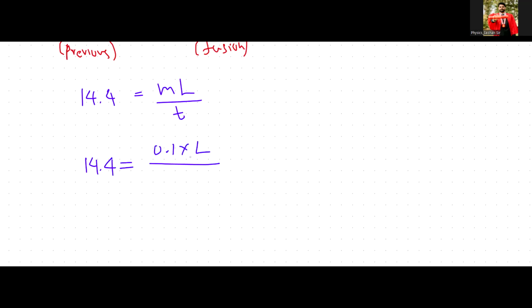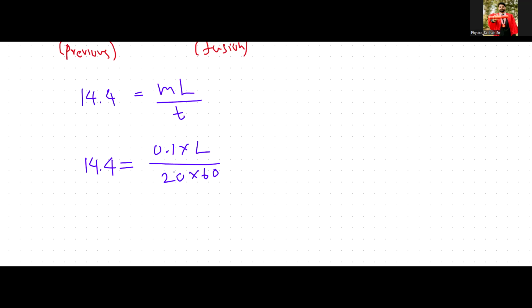The time is 20 minutes. We have to convert it into seconds, because we are using SI units. So it is 20 into 60, that is 20 minutes into 60 seconds.